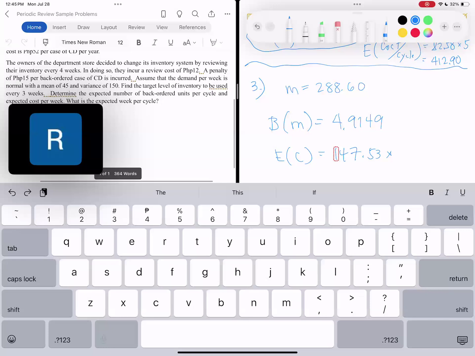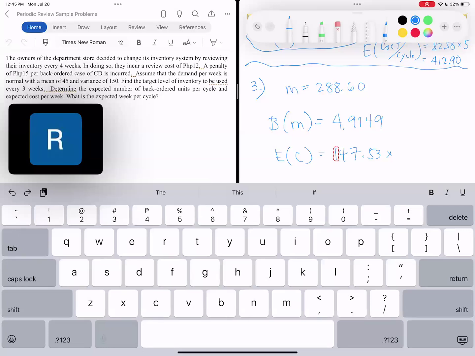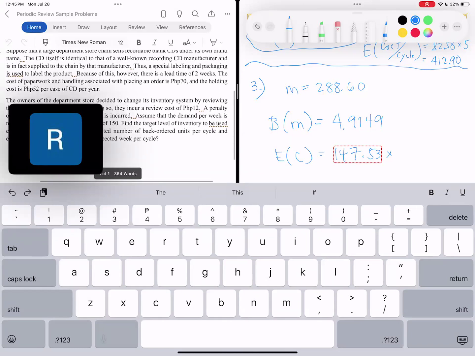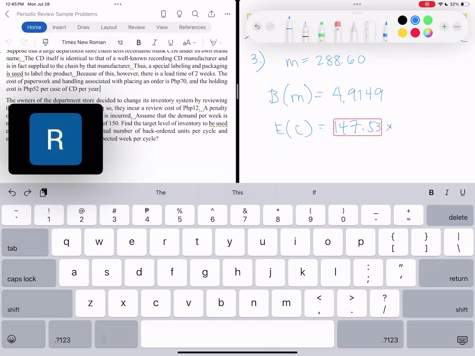TR is 4 weeks, and the lead time is 2 weeks. So this should be multiplied by 6. Can someone multiply? 885.18. 885.80. Okay, so those are the answers. You can practice with problem number 3.